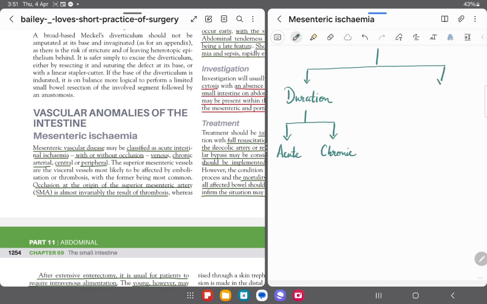And based on location, it can be central or peripheral.